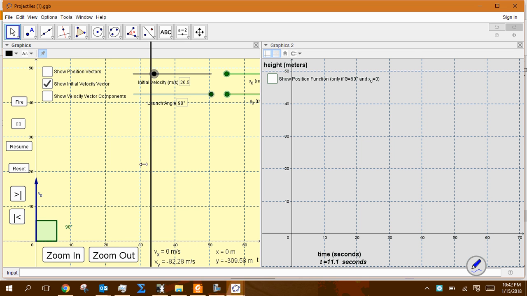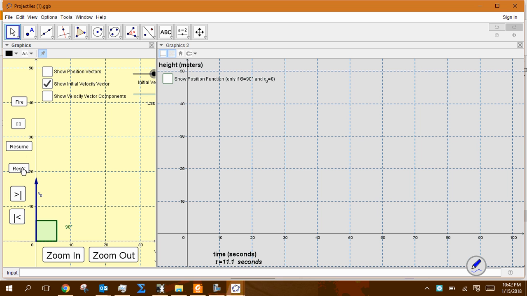So I'm going to reset, and we're going to fire this thing, and we'll hit pause a couple times. So hit pause right there. What this point on the right-hand side is saying is that at a time of 1.58 seconds, our ball or whatever we're shooting is at 30 meters in the air.